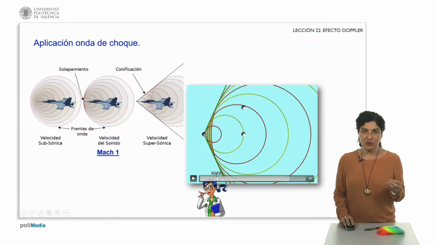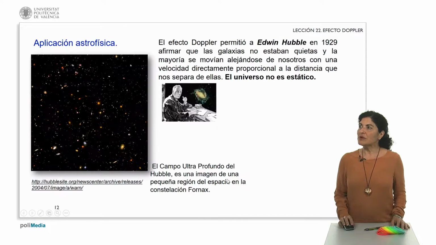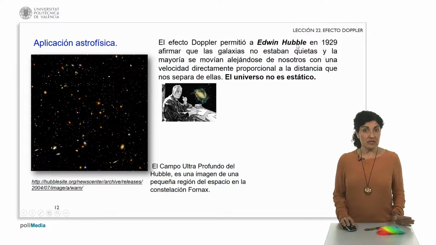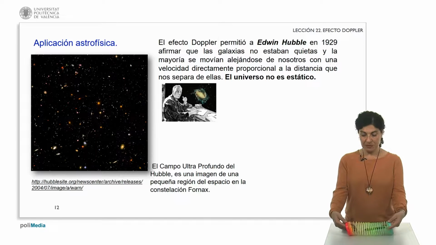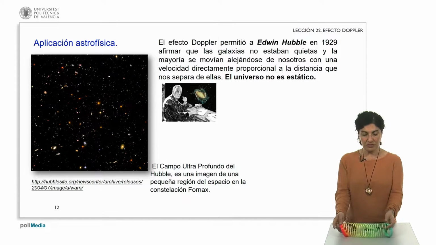Another example of application of the Doppler effect is in astronomy. It was in 1929 when the cosmologist Edwin Hubble was looking at the characteristic galaxy spectra and realized that those spectra actually had a redshift towards longer wavelengths. If we look at the visible spectrum, we go to longer wavelengths if we go to the red, and to shorter wavelengths if we go to the blue or the ultraviolet.